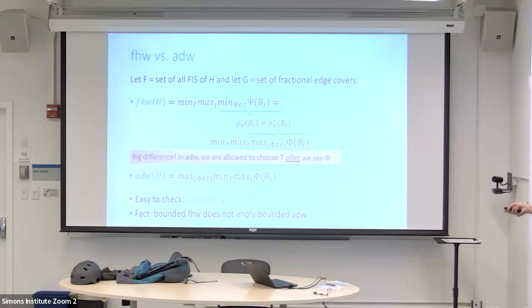Here we do it the other way around: for every fractional independent set, we want to find a good tree decomposition, and this gives us more optimization potential. It should not be too difficult to verify that the adaptive width is therefore less than or equal to the fractional hypertree width, and not the other way around.